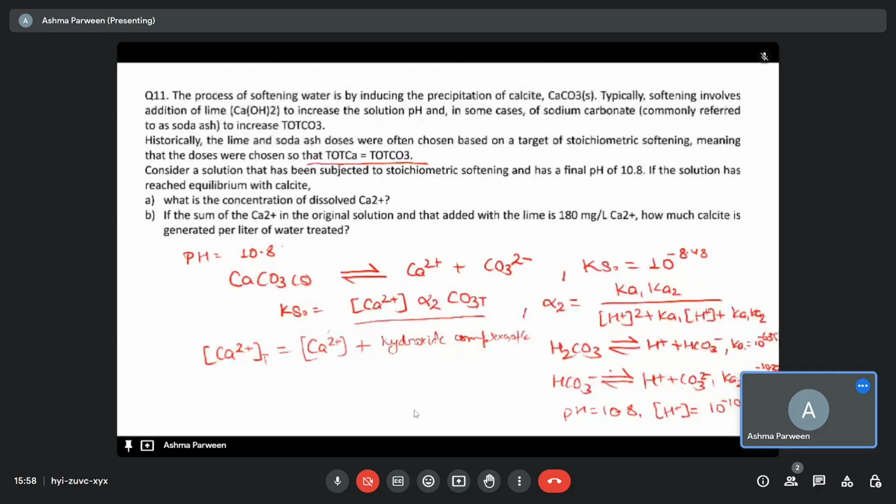But calcium makes only one complex, that is CaOH+, and it forms at pH greater than 12. I think the pH here is around 12.6 or 12.8. So we can discard this form of calcium and write that total calcium will be equal to Ca2+. Okay, so let's go to the next slide.